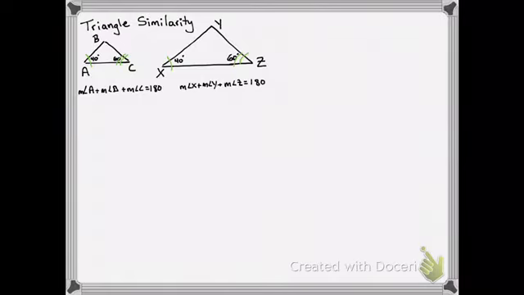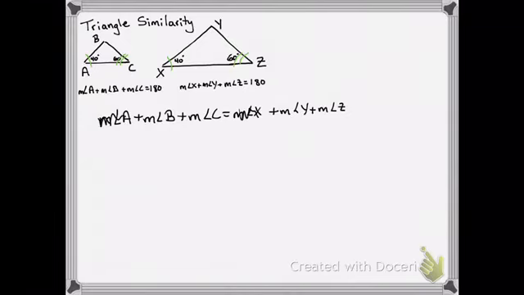So, since these sums, ABC and XYZ, both add up to 180, those two sums must be the same themselves, right? A, B, and C add up to the same as X, Y, and Z. And so we could write an entire equation like that: the measurement of angle A plus the measurement of angle B plus the measurement of angle C has to be equal to the measurement of angle X plus the measurement of angle Y plus the measurement of angle Z. Since we know that A and X are the same, we can subtract those out.